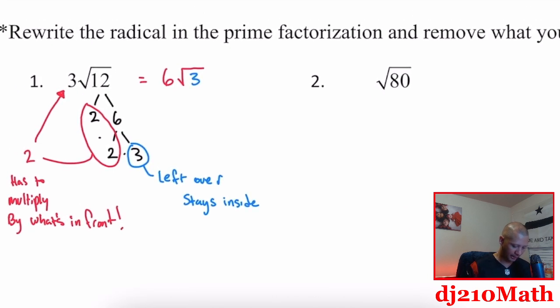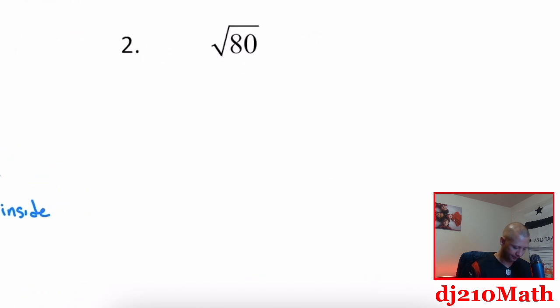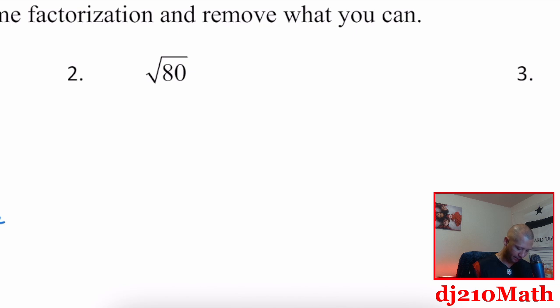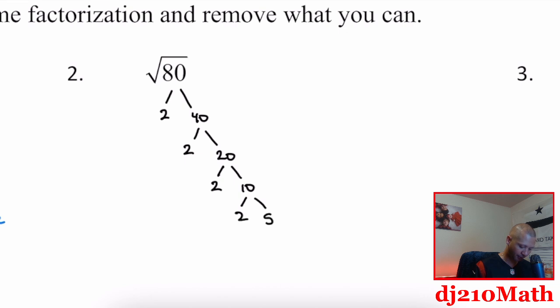So let's look at 80. Square root of 80. So this is really 2 times 40. 40 is really 2 times 20. 20 is 2 times 10. 10 is 2 times 5. Again, down to its prime numbers. How many pairs do I have? This pair can come out as a single 2.